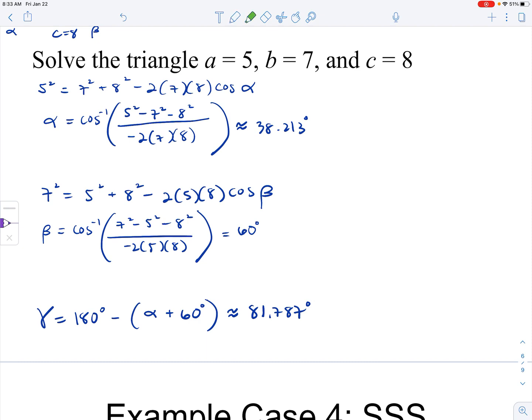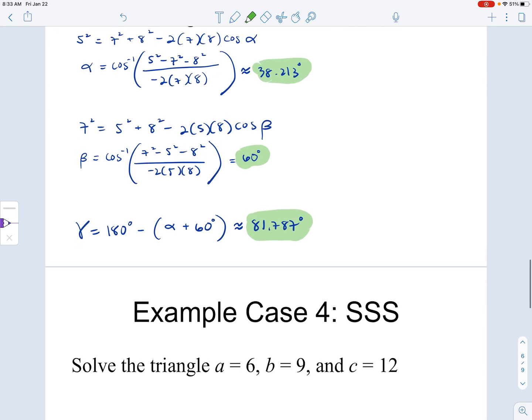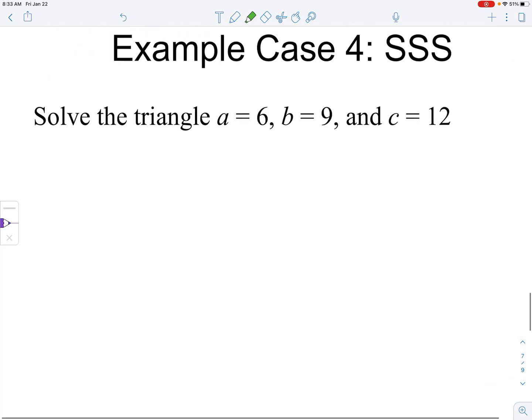And gamma ends up being equal to 81.787. Sorry, that's the angle that I wrote earlier. I did all of these already so that the video wasn't longer with me having to type in values in the calculator. Okay, so those are the approximations highlighted, and one of them is an exact value.